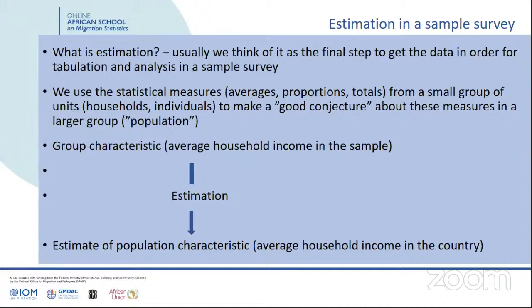So from the sample, we do some calculations on the data in the sample, and then we come up with results or estimates for the population. So we go from a group characteristic to an estimate for a population characteristic. The characteristic may be, as in this case, the average household income in the sample and the average household income in the country.